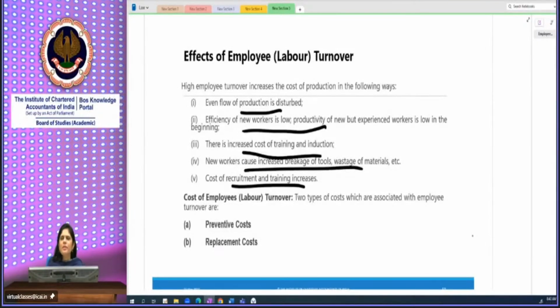Cost of recruitment and training, of course. So there are two costs which the management or company has to bear: preventive cost and replacement cost. Preventive cost means you prevent the employees from leaving. You try to make them happy. How will you make them happy? You will increase their salary.